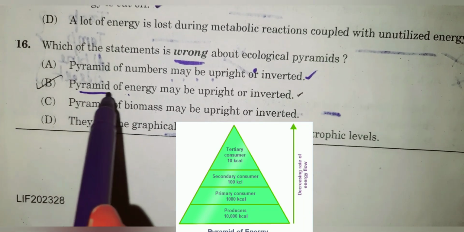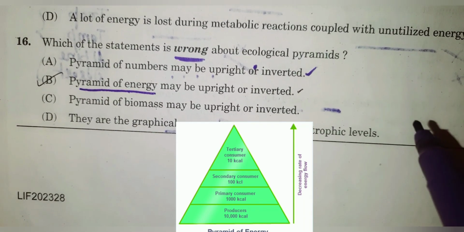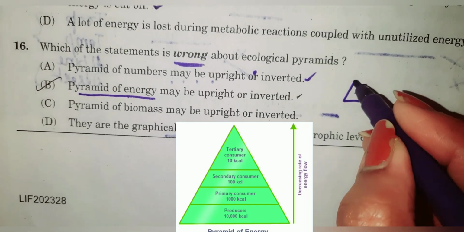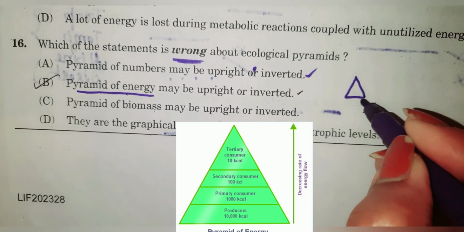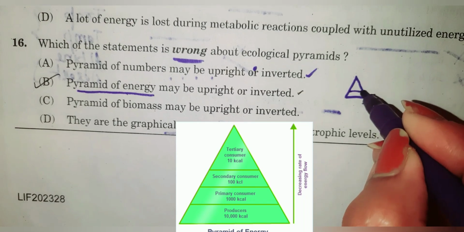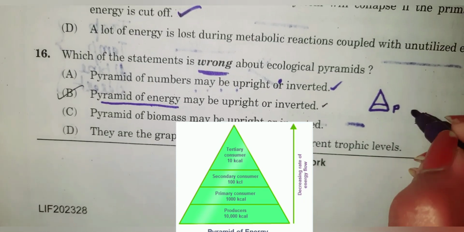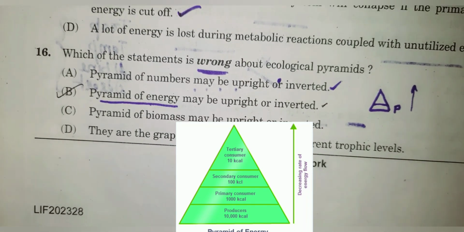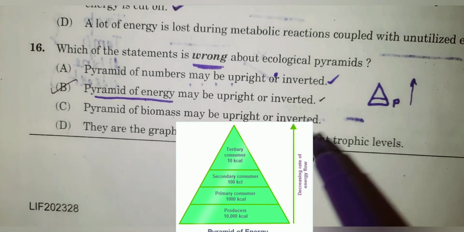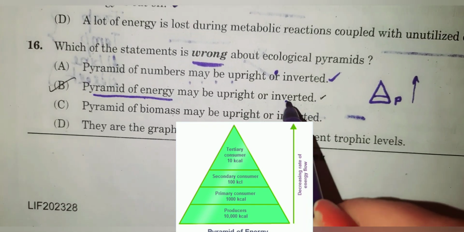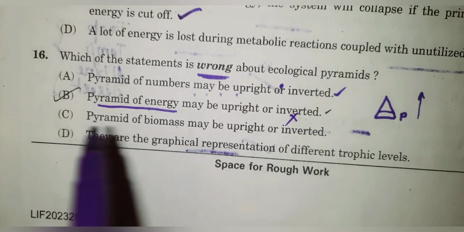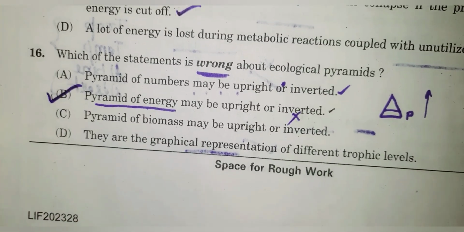Yes. Mind it, pyramid of energy is always upright. Broader base, that means producers are here, isn't it, at the base? Producers produce the maximum amount of energy, and then as we go up, energy keeps on decreasing. So therefore, this can never be inverted. This is wrong. This can never ever be inverted. So this becomes your correct answer.